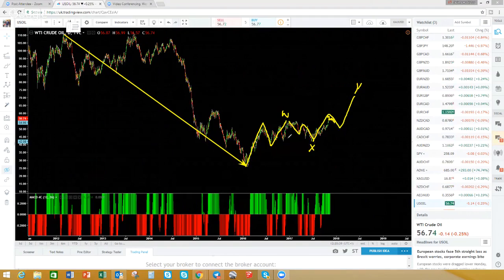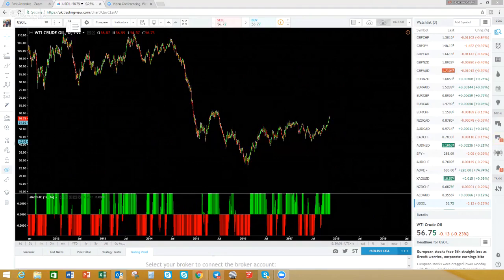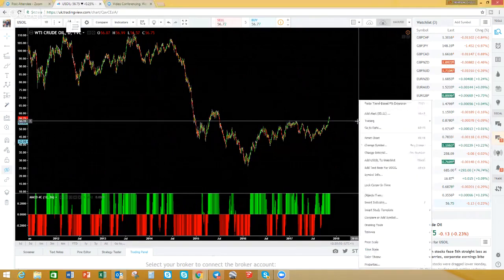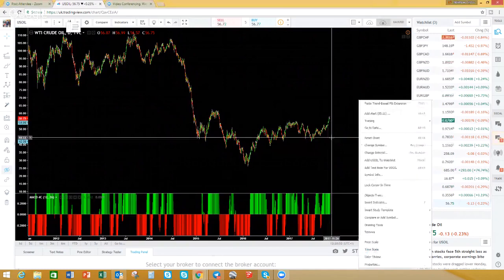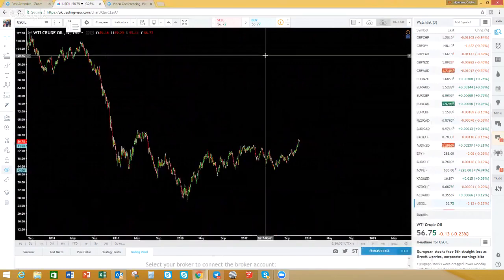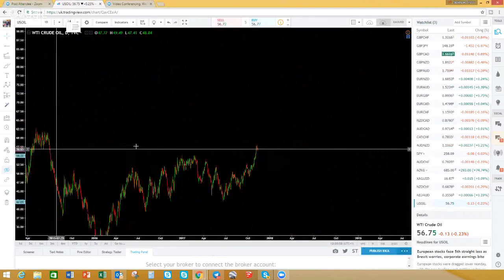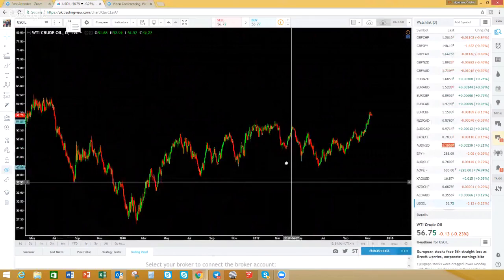All right, so this morning when we were doing analysis with my group, we also looked at the possibility that oil could do something like this as well. This is the daily. Let's clear everything. If it doesn't give us that deep correction and we get an impulsive move to the downside, which we have not got, it has shown that it's moving pretty slowly.